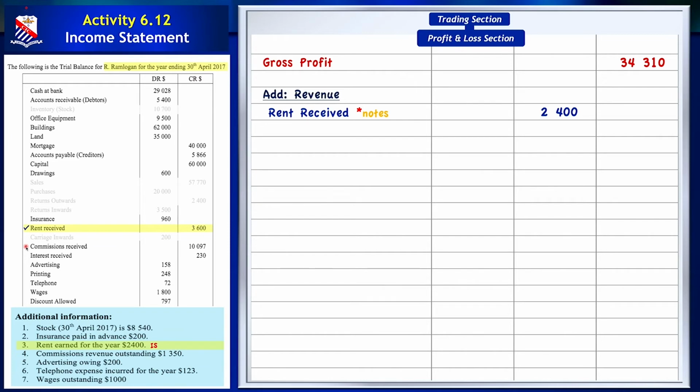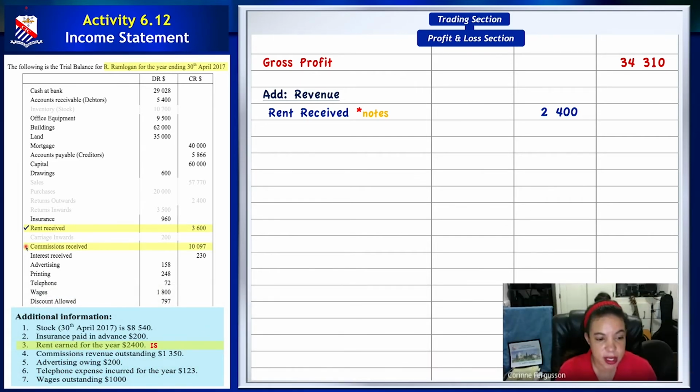We had commissions received. Once again, you check your notes. You would see that note number 4, commissions revenue outstanding. Outstanding means it's an accrual. What do you do with accruals? You add it. So you're going to go into income statement, commissions received, put your working.